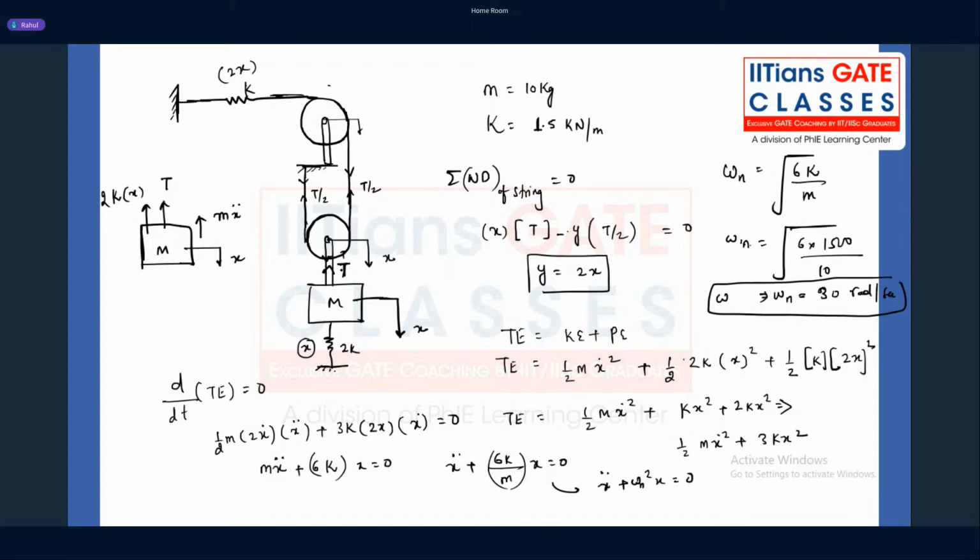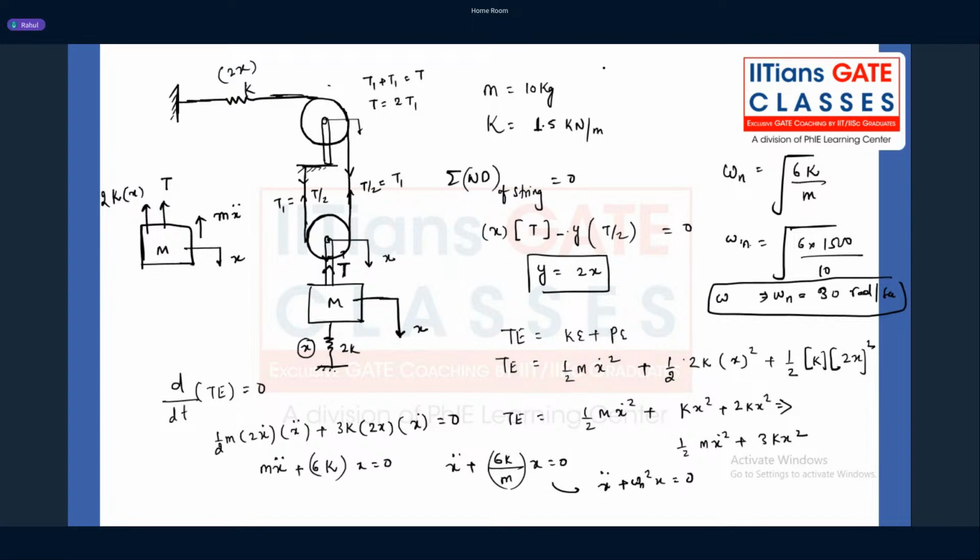Let's say this is a tension, I'm calling this tension T1. This tension is also equal to T1. So finally, T1 plus T1 is equal to T. So T is 2 times T1. Then what is the T1, guys?